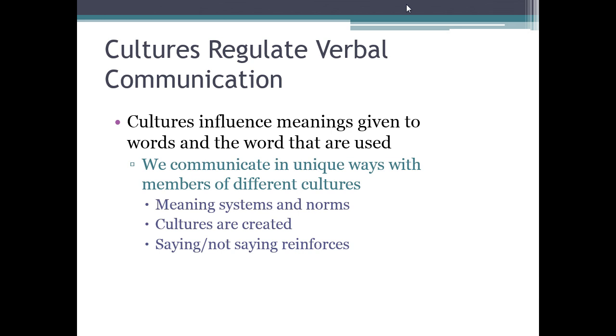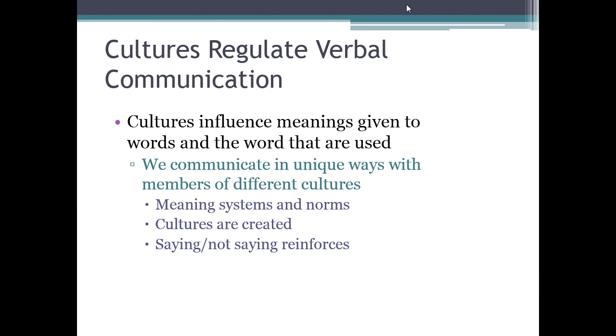Just think about any kind of culture here on campus, the different cultures that there are. There are certain words that mean different things in different cultures or in different groups of people. And when you're with a particular culture, you're going to communicate in a unique way most of the time with those members.